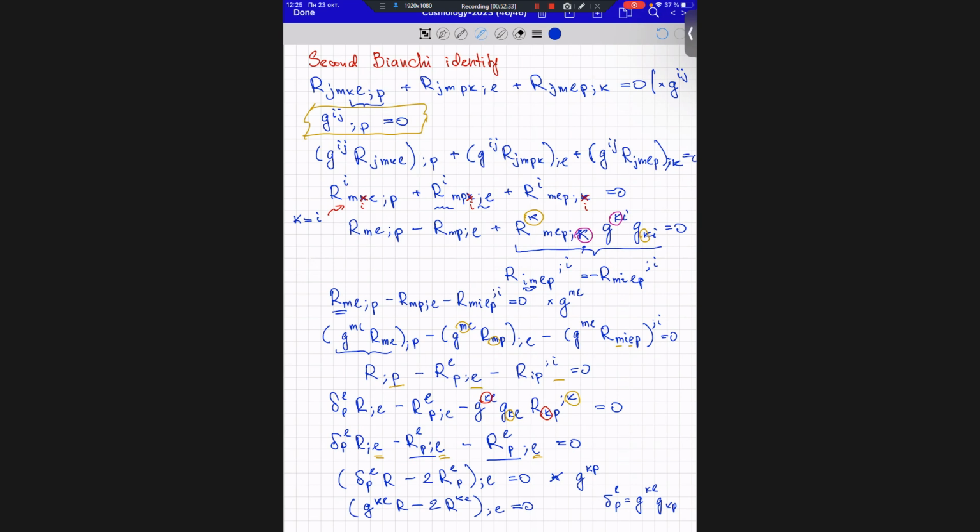So it means that G K L equals, for example, G K P multiplying the delta P L. So we used this for the first summand. So this is the final expression which we obtained.